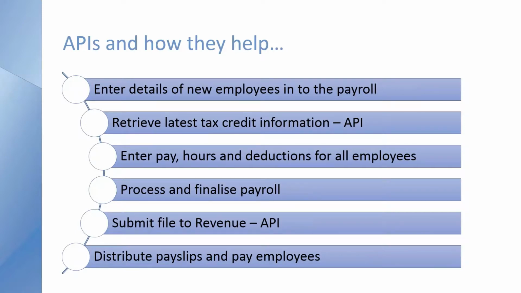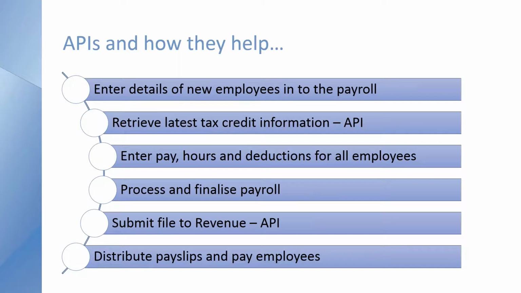Okay, so let's look at a typical pay period and the sequence of events and where the APIs come into play. Firstly, you enter the details of new employees into the payroll, if there are any. Next, you retrieve the latest tax credit information, which is a one-click process. And this retrieval also looks up the tax credit information for those new employees as well. You enter the pay, hours, and deductions for all employees.